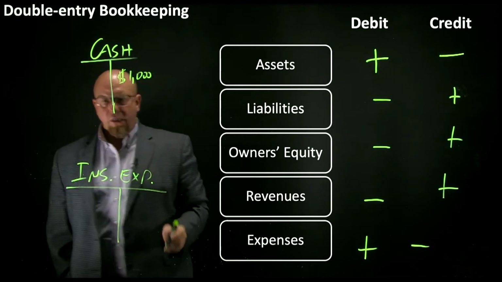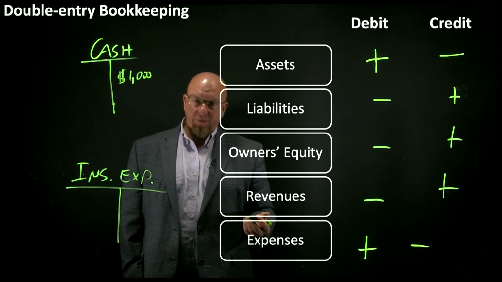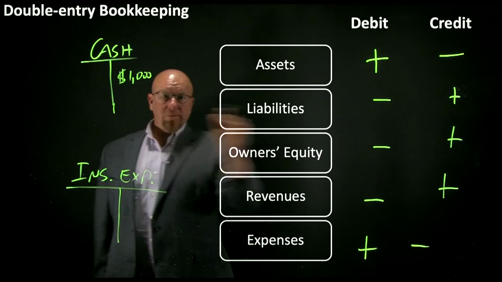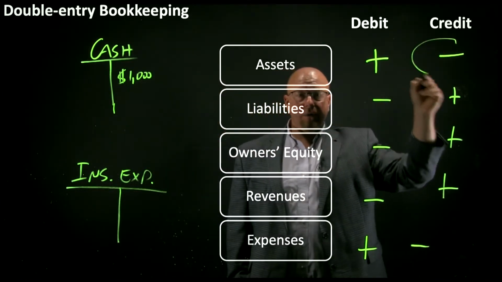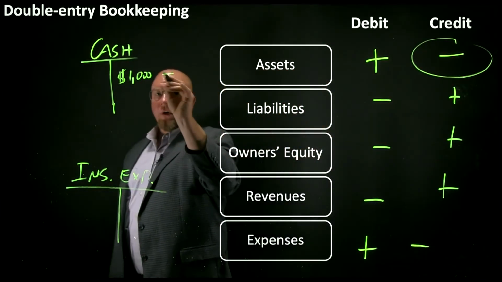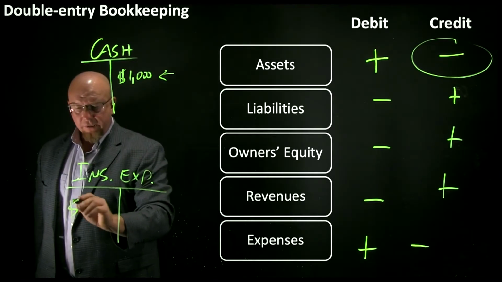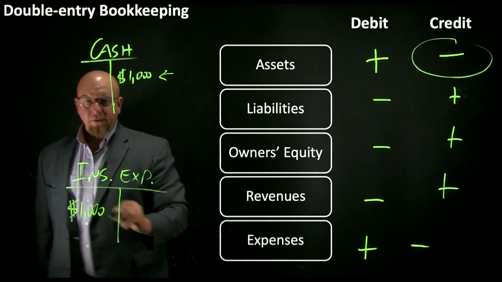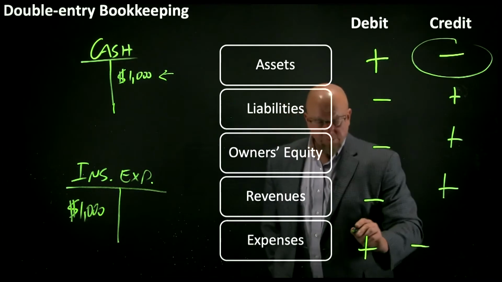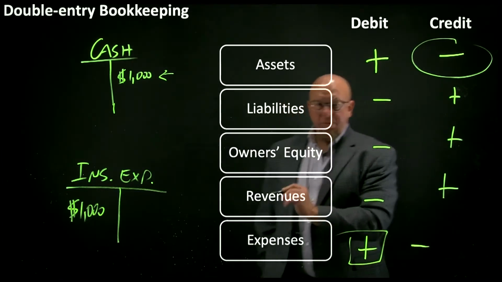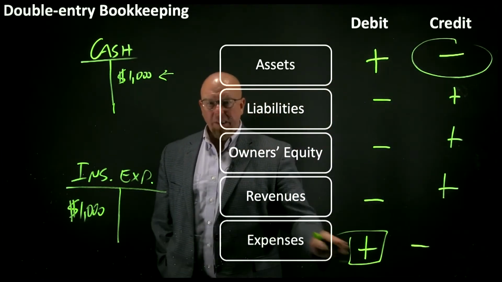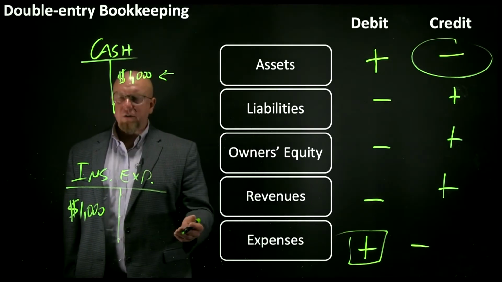Let's say it's a $1,000 payment for the current month. So cash decreases. We made a credit entry to the right side of cash right here. And what's going to happen is insurance expense is going to increase. Insurance is an expense. And we can see that making a debit entry to that account causes it to increase.